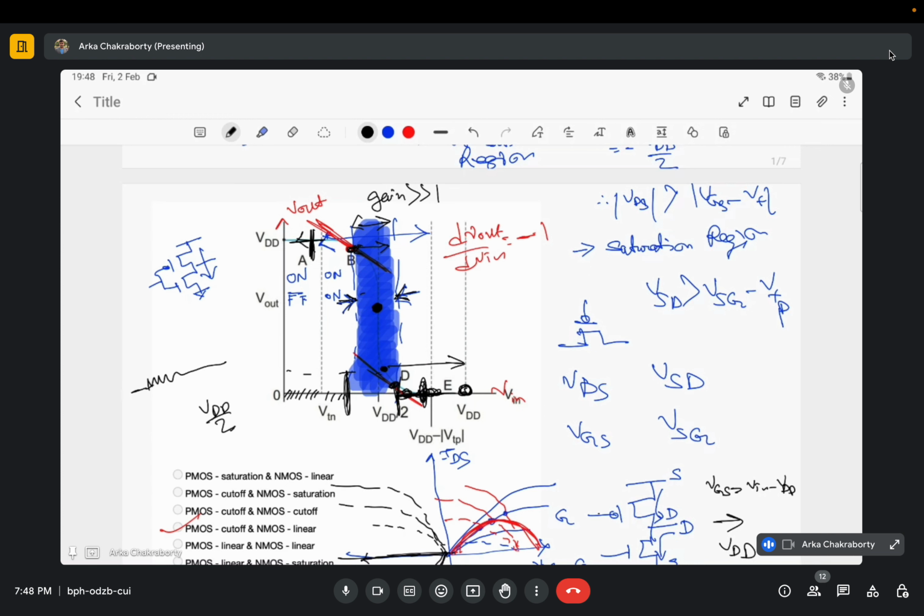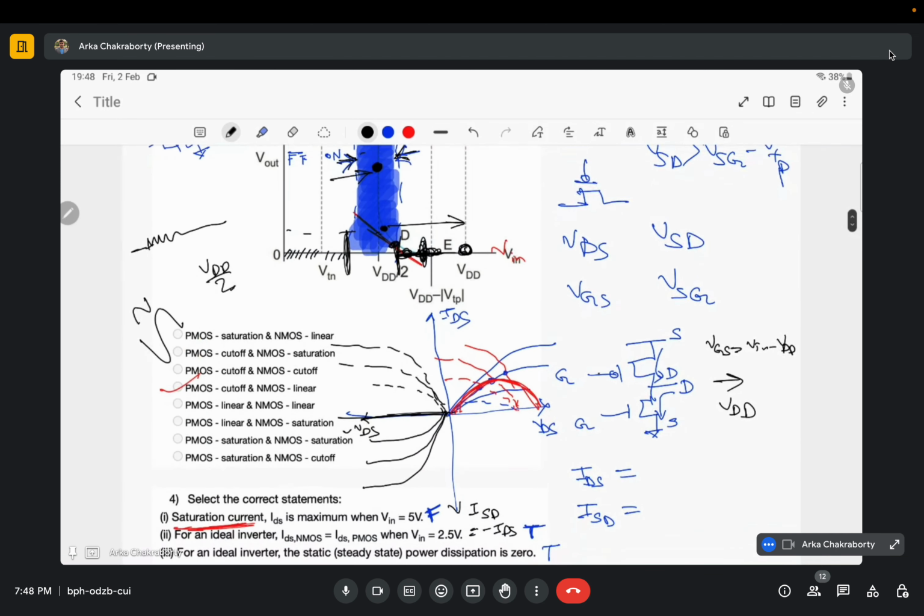We bias at a particular point where gain is high, and at that point we apply a small signal input, and that small signal input gets amplified to a large signal. Here VDD by 2 is my bias point, and any noise that comes will act as a small signal, and it will get amplified and switch my output to some other value.